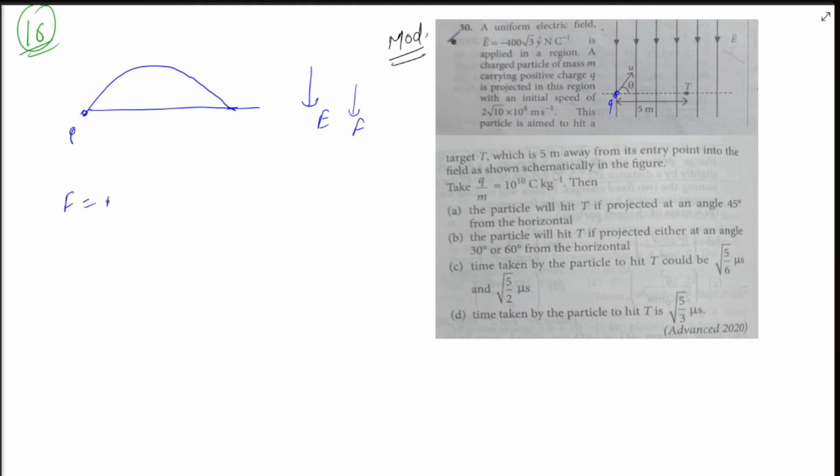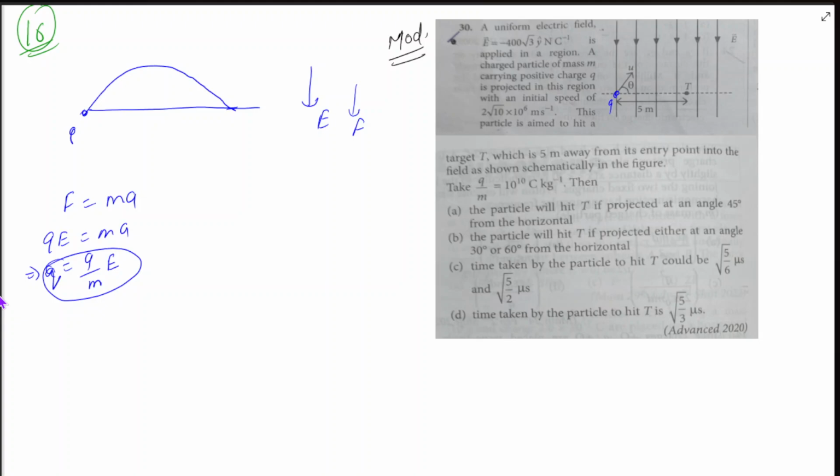And force is what? Mass into acceleration. So QE will be equal to ma. So a will be Q by M into E, right?